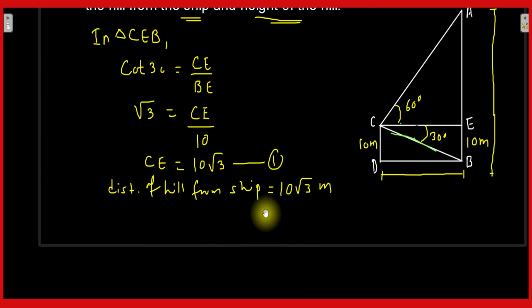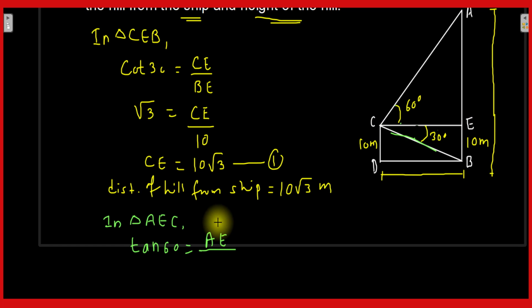Now here we will take another triangle, triangle AEC. So in triangle AEC, tan 60 is equal to opposite upon adjacent. So tan 60 is equal to the opposite side, that is AE, upon the adjacent, CE, but CE is what? 10 root 3, so it will be AE upon 10 root 3.